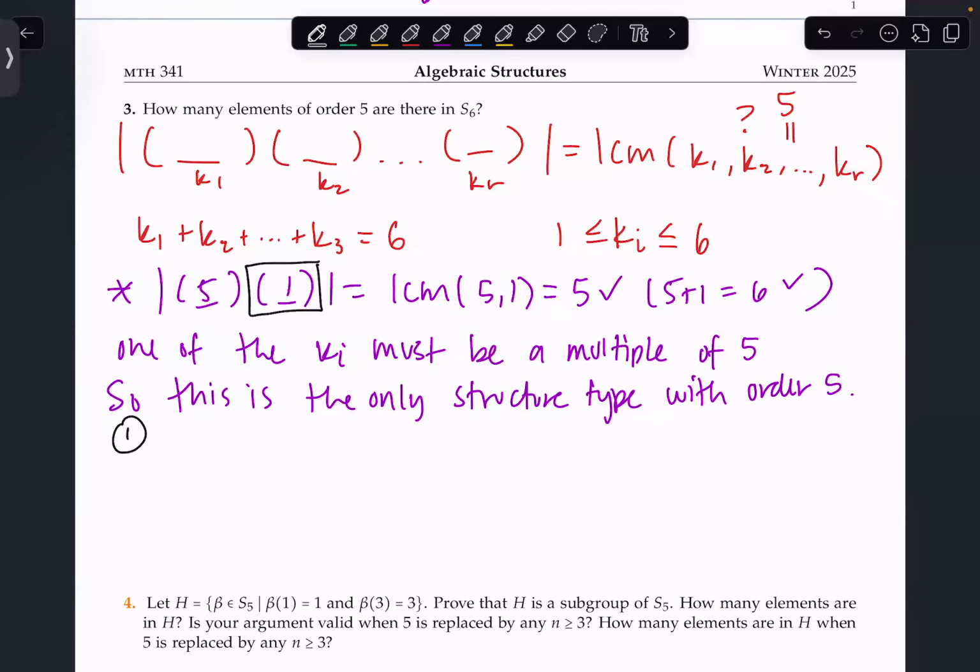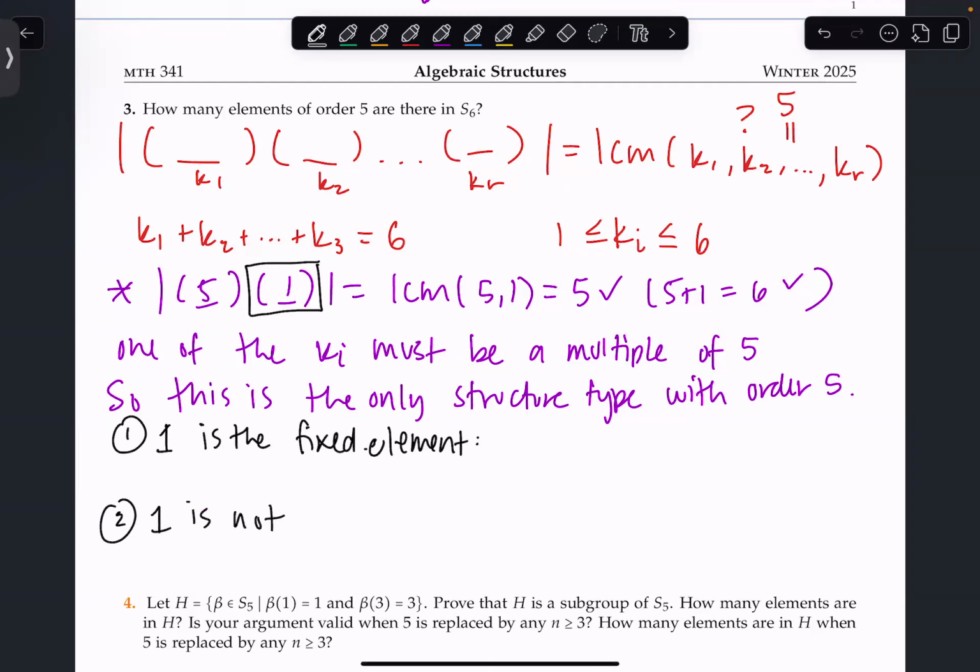So I'm going to work with 1. In my first case, I'm going to look at the situation where 1 is the fixed element, and count how many ways that can happen. Then I'm going to look at all the ways where 1 is not the fixed element.